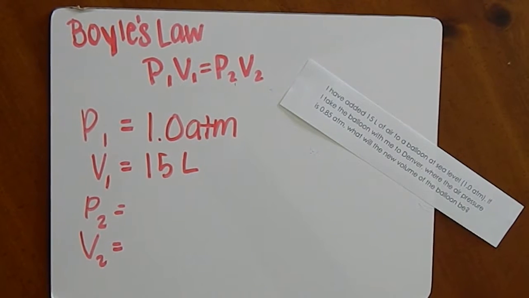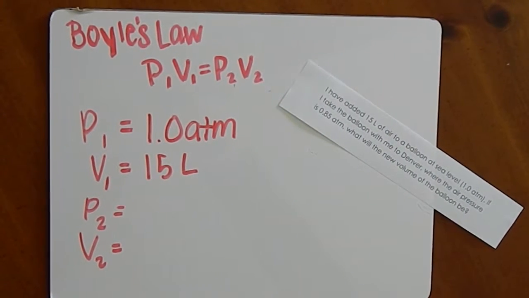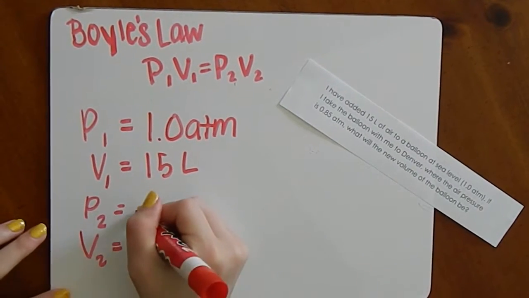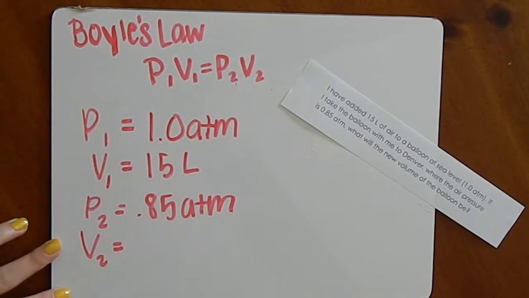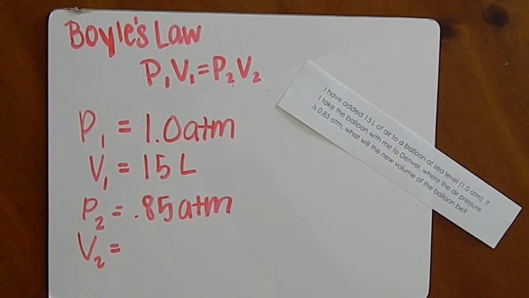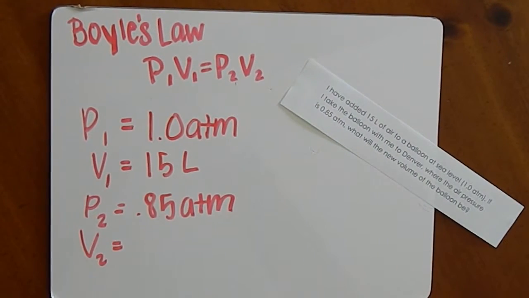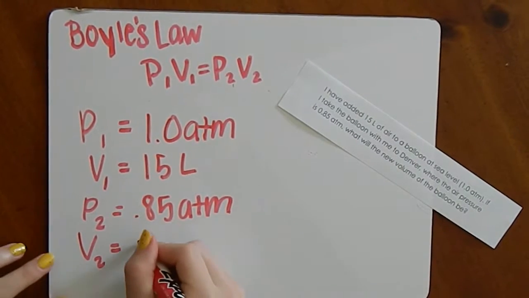P2 is the final pressure, which is 0.85 atmospheres. And the final volume is what we're solving for.